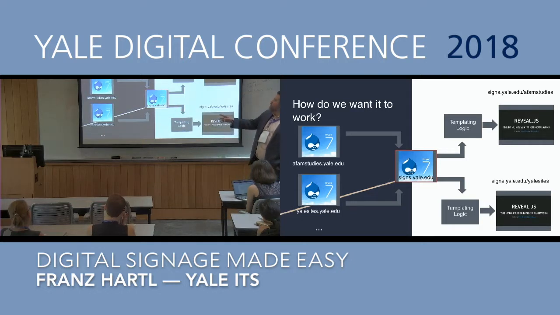And then we could have a master list, and you could set up feeds all over, and OPAC could have a definitive list of what all the different signs are in the university.